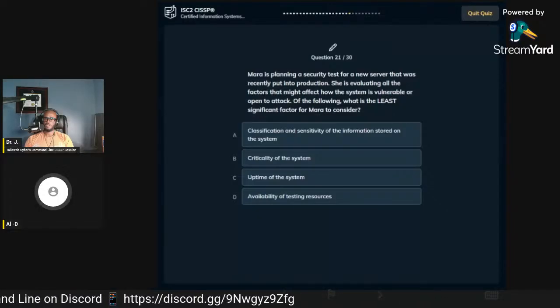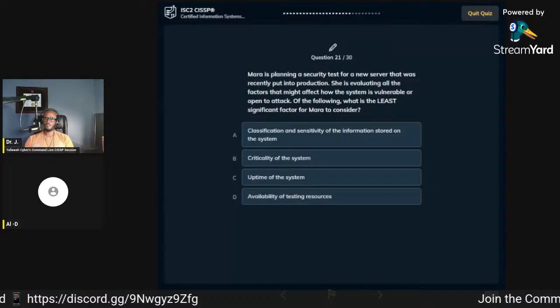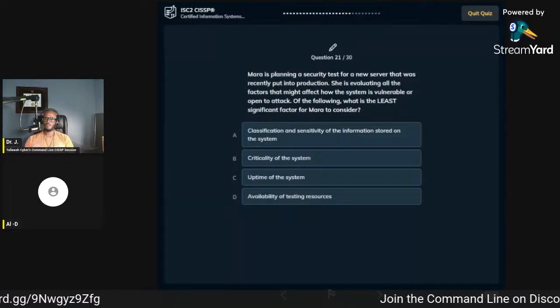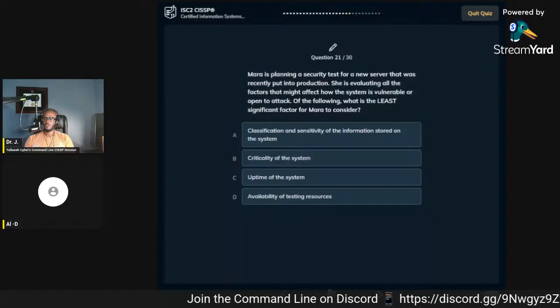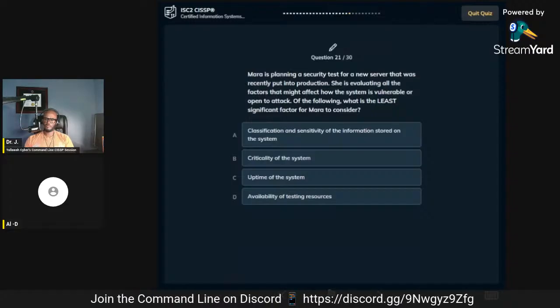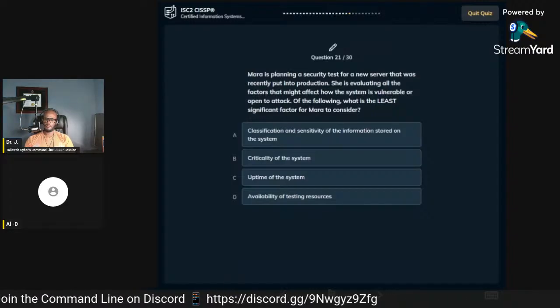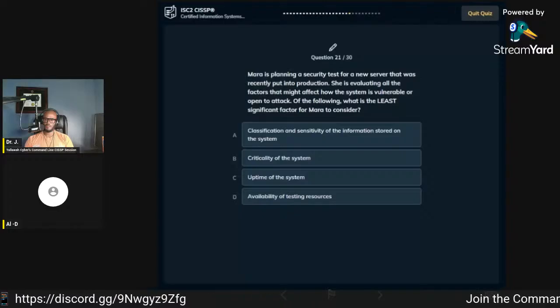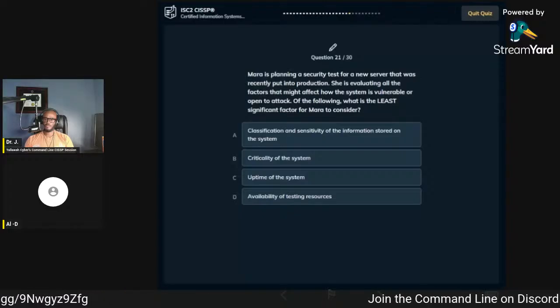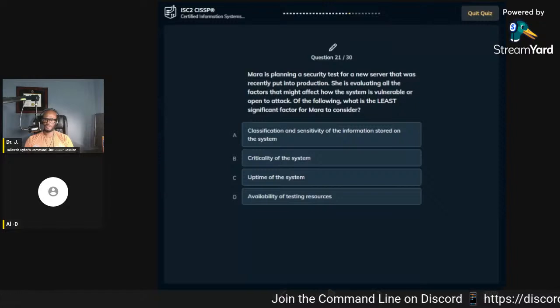You're looking at availability, right? Yeah. All right. Which of the following is the least significant factor for Mara to consider? So she's evaluating how the system is vulnerable or open to attack.